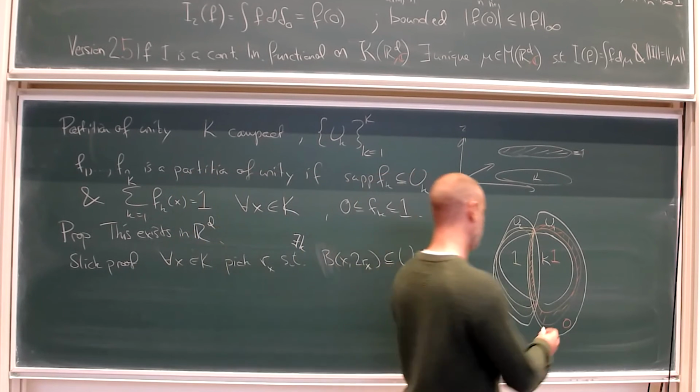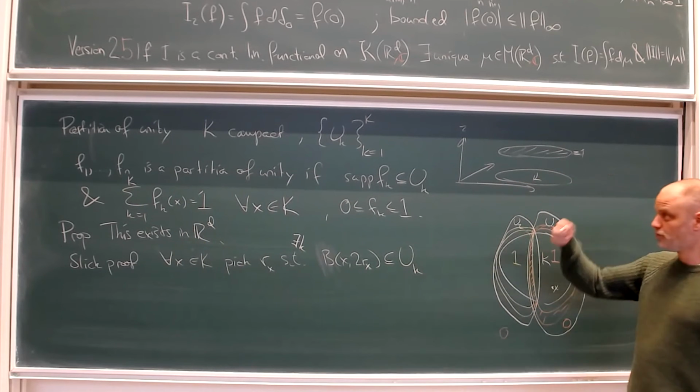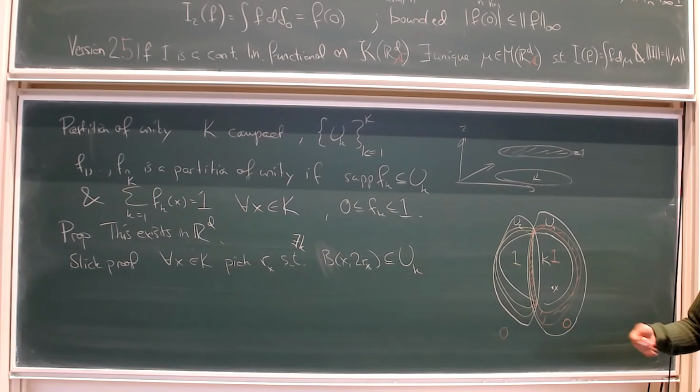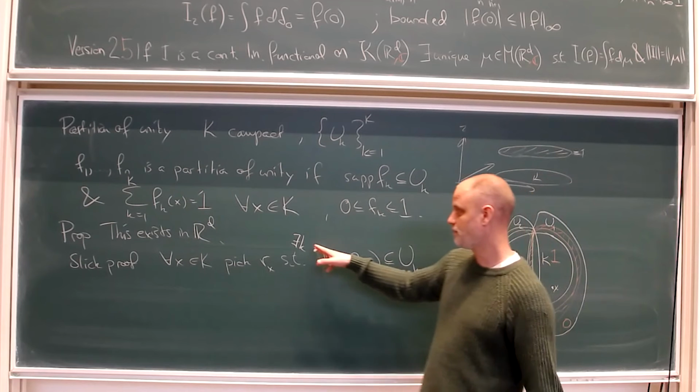So if I have a point here, x, since my U's form a covering, it's at least inside one of the U's. If it's in multiple U's, doesn't matter, just pick one of them.